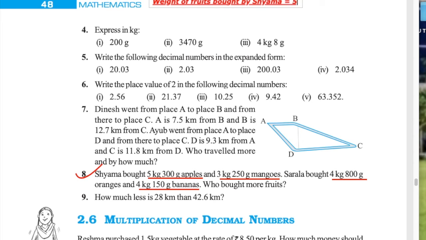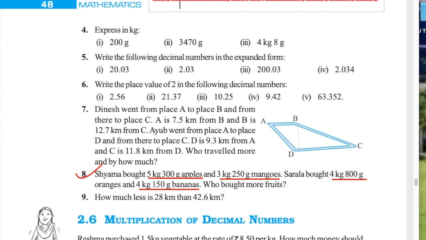5 kg 300 gram plus 3 kg 250 gram. First of all, we will convert this weight into decimals.